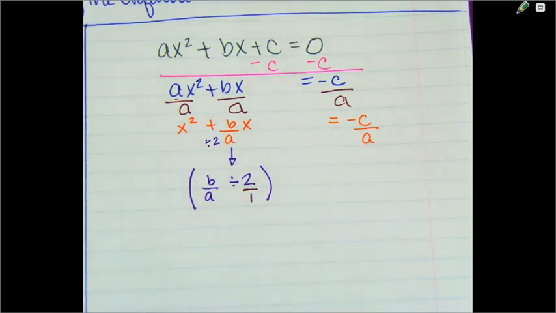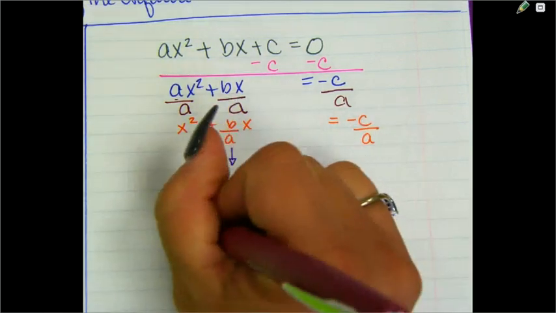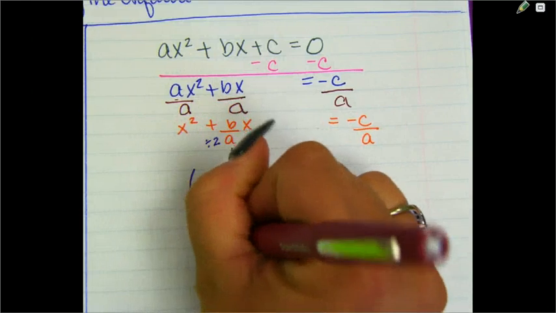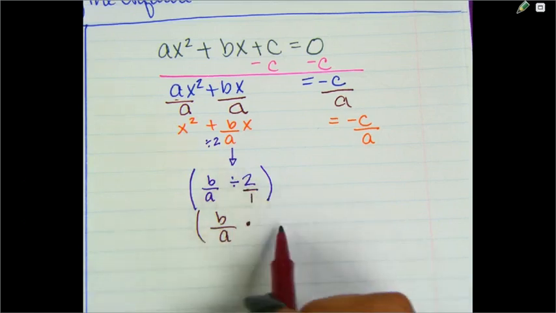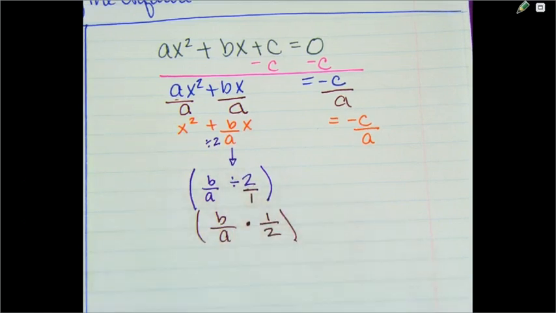How do you know it's 1/2? We said multiply. Why is it 1/2? You have to what? Flip it. Flipping it is called the reciprocal. So you're going to multiply by the reciprocal. The reciprocal of 2 over 1 is 1 over 2. That is why it's 1/2.